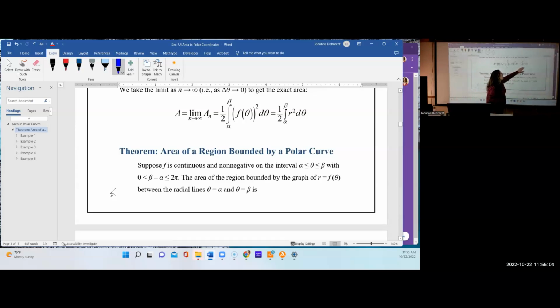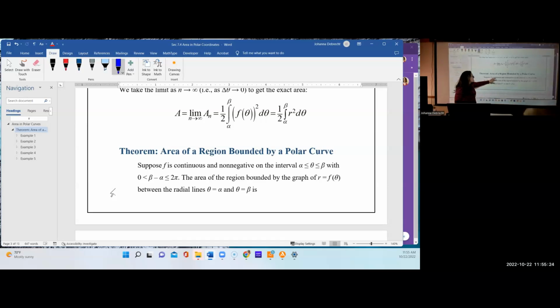You just integrate from the first point of that radial hand fan, so coming out from the pole, alpha, and then around to beta, wherever that is. And that's going to give you all the area back to the pole. And this is the formula that we're going to use. So this is a statement of the formal theorem.